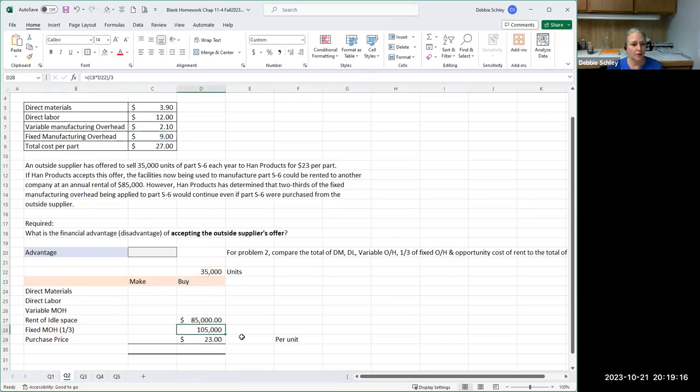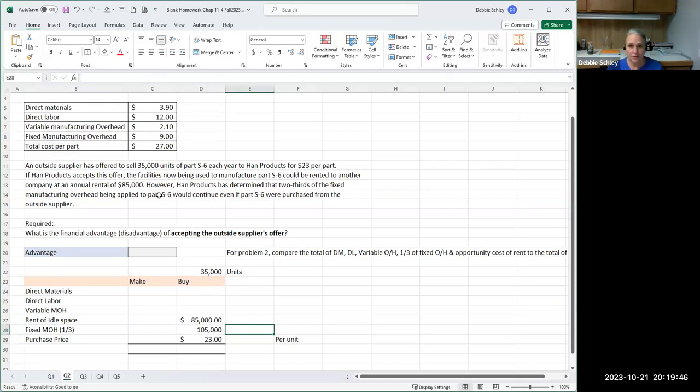So for mine, 105,000 is 1/3. Again, for the fixed manufacturing overhead, they tell us 1/3 of it is part of our decision-making process. So again, that's the fixed manufacturing overhead per unit times the units divided by 3 to get 1/3.